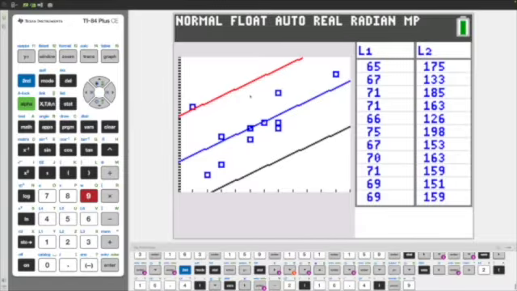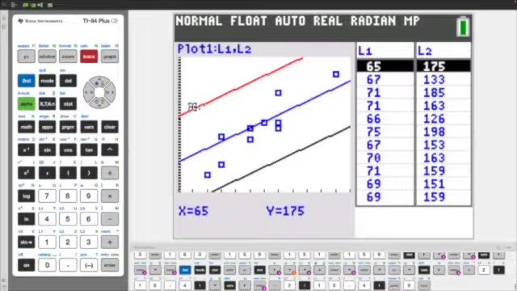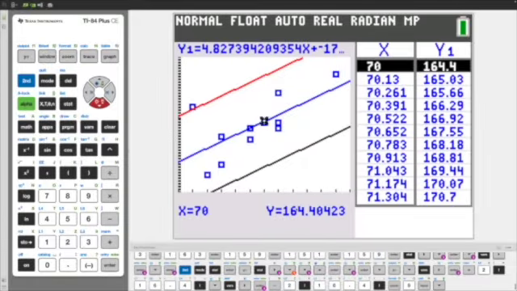And then zoom stat to make sure it fits my data. So you can see this red line and this black line. That represents 2 standard deviations above and 2 standard deviations below the original linear regression line. And you can see this point here is an outlier. If I hit trace, I can see that point in my table is 65,175.